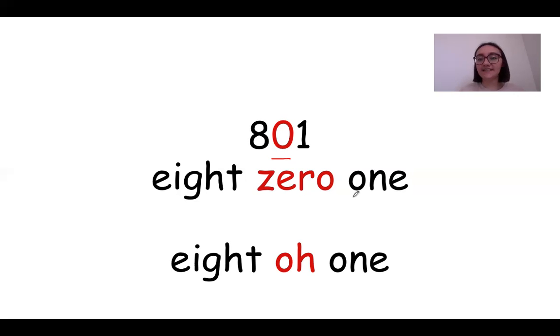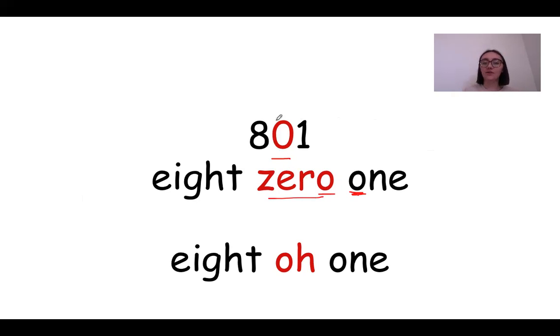The reason that they say this is because the 0 looks like the English letter O, right? So instead of saying 0, they say O. And that means the number 0.